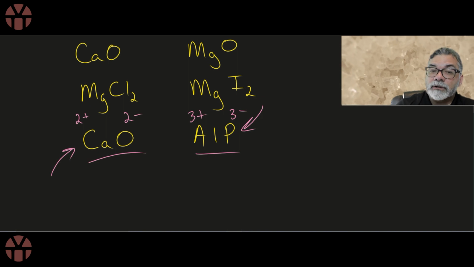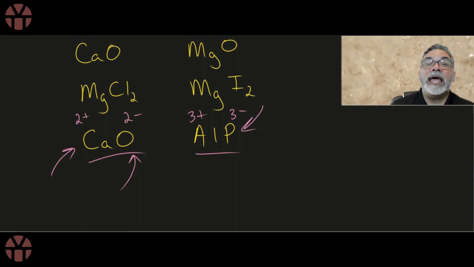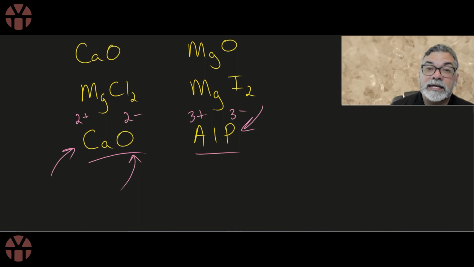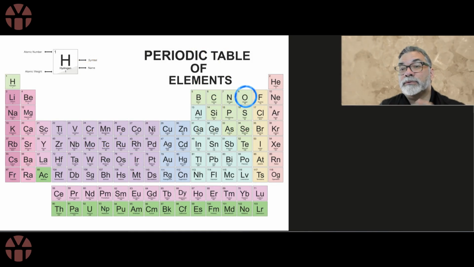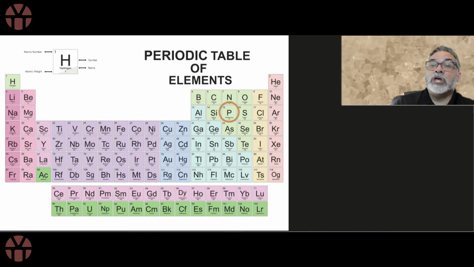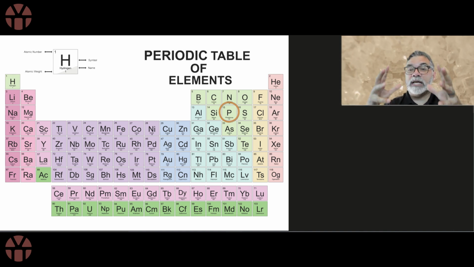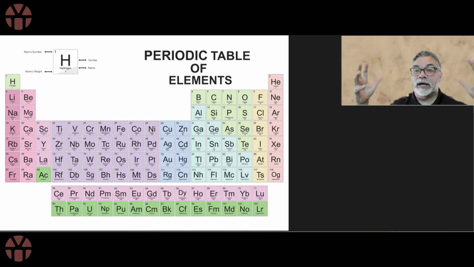And the answer is we have to look here at the oxygen anion. The oxygen anion is an ion in the second row, as opposed to phosphorus that is in the third. And what we find is there is a huge change in size from the second to the third energy level.